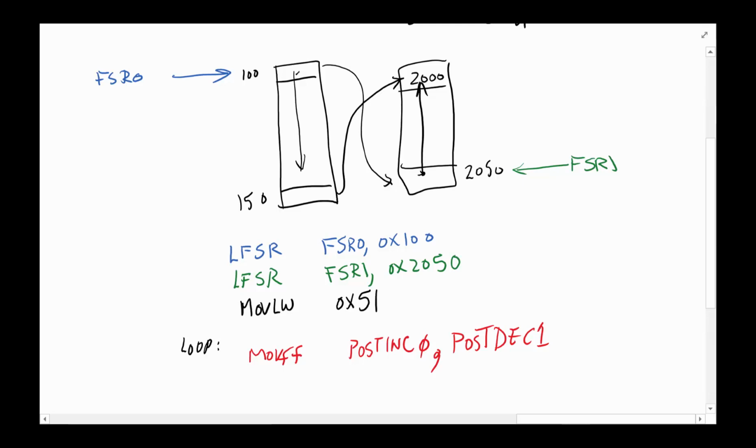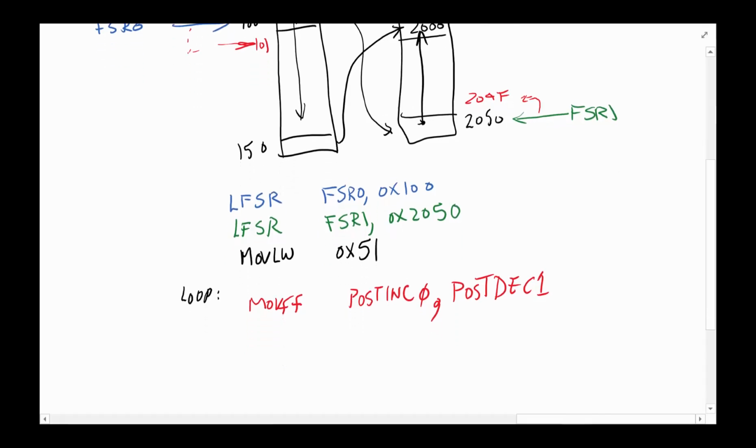Now, when it finishes the first instruction, this FSR is looking at 101, and this FSR is looking at 204F. That is the beauty of this. So with every step through the loop, FSR1 is decremented after the work is done, and FSR0 is incremented after the access has happened. And there you go. That's how you're reversing the order.